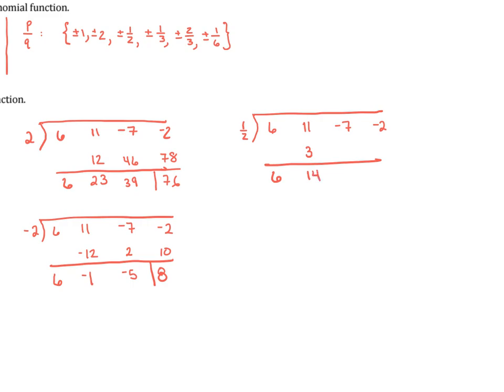Add. 1/2 times 14 is 7. We get 0. 1/2 times 0 is 0. And we get a remainder of negative 2. So 1/2 is not a 0. So let's try negative 1/2.